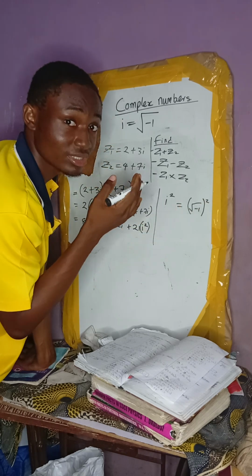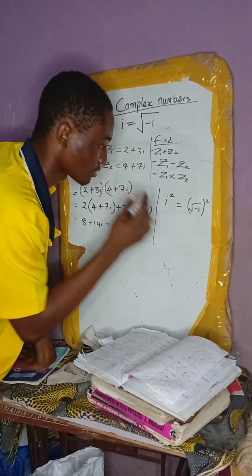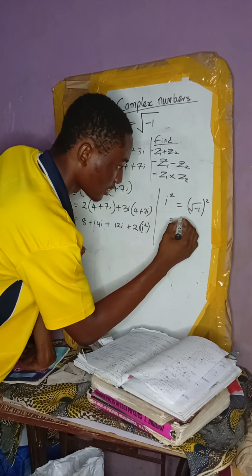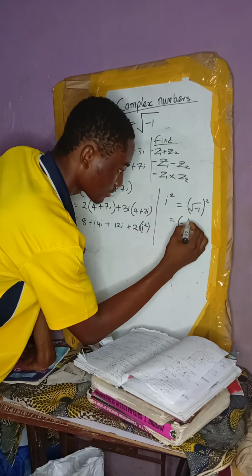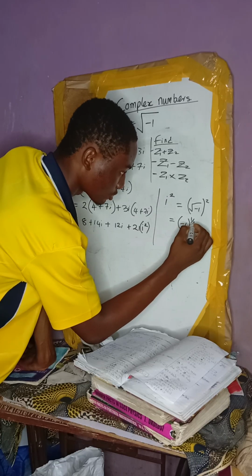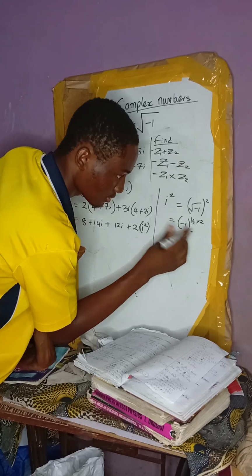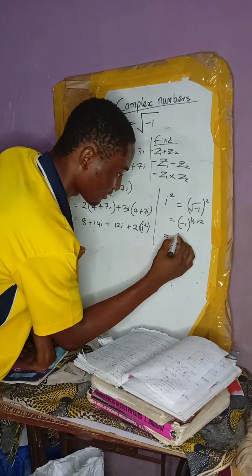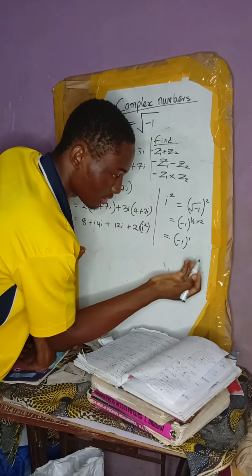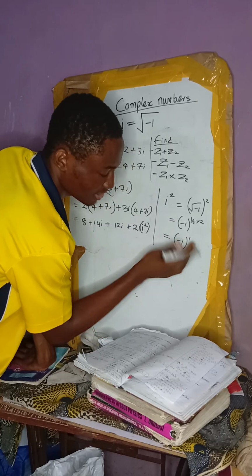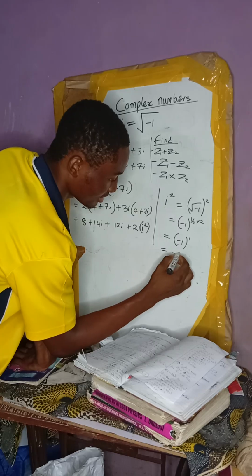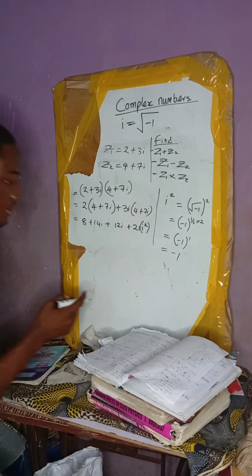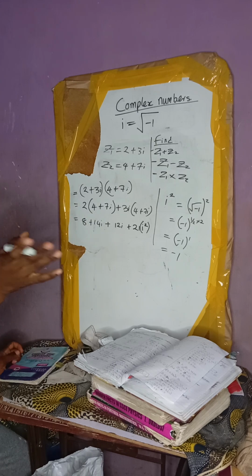We know that a root is raised to power 1 over 2, so we'll have negative 1 to the power 1 over 2 times 2. 1 over 2 times 2 is 1, so we'll have this raised to power 1. We can just open the bracket back and we'll have negative 1. So therefore, i squared is negative 1.